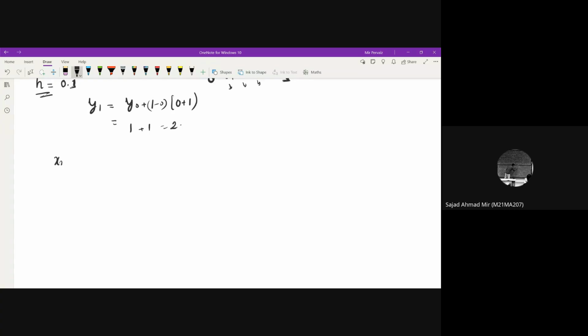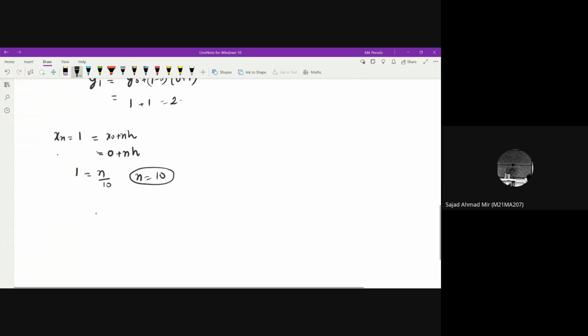Now your xn, your nth term, is 1, and this will be x0 plus nh. Your x0 is 0, so 0 plus nh will tell you how many steps you have to go for. So 1 is equal to n times h, which is 0.1, which means 1 by 10. So n is equal to 10. So 10 steps you have to take in order to reach that point.